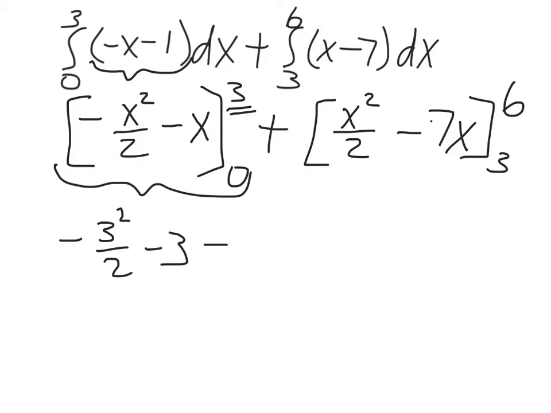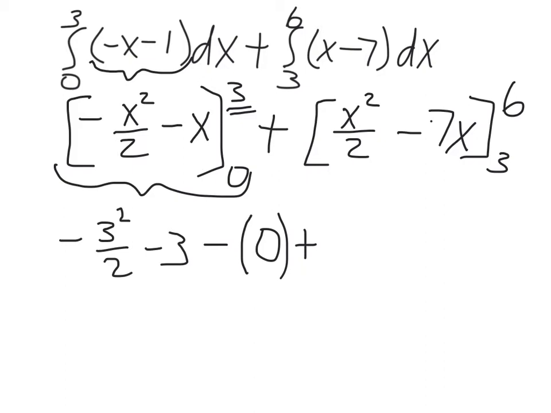Now, we got to be careful here because we're subtracting that entire quantity. Now, the nice thing in this case, when we plug 0 in, what do we get? 0. Now, that doesn't always happen when we plug 0 in. So make sure that you double check if x is 0, does the result end up being 0? Okay, a lot of times it does, but not all the time.